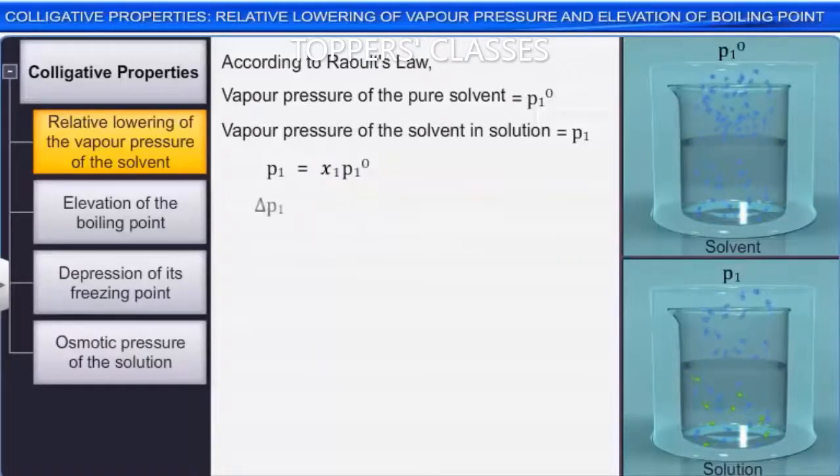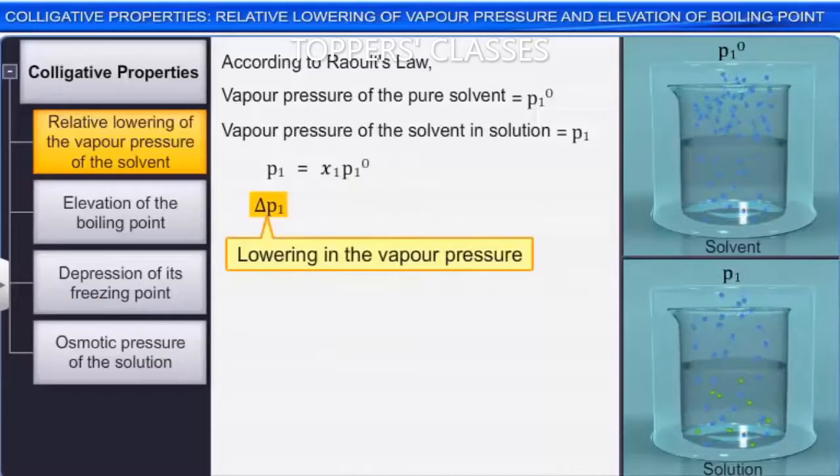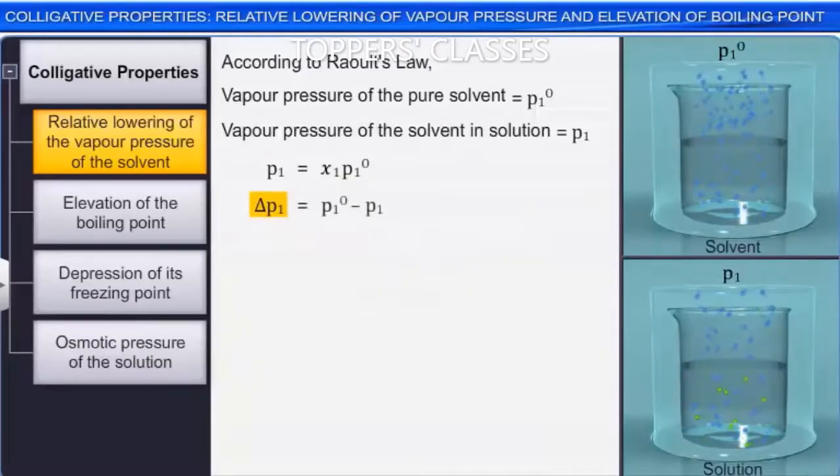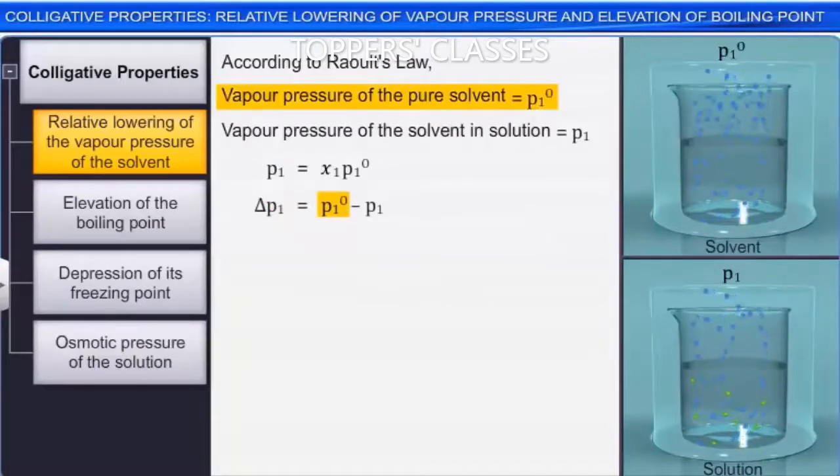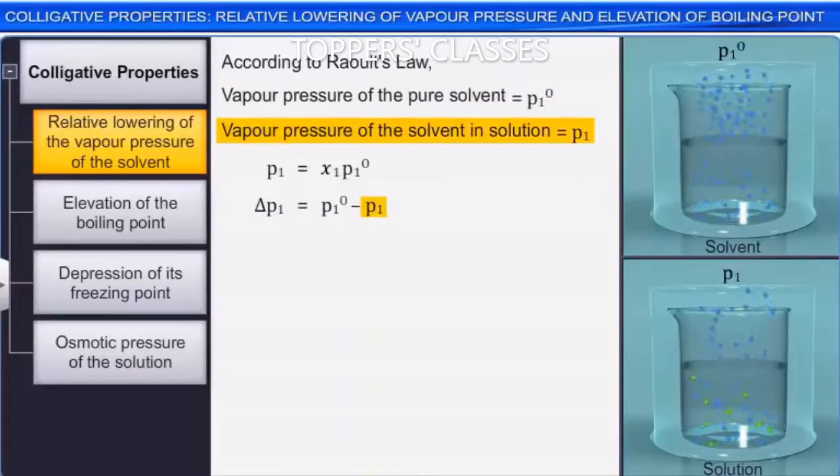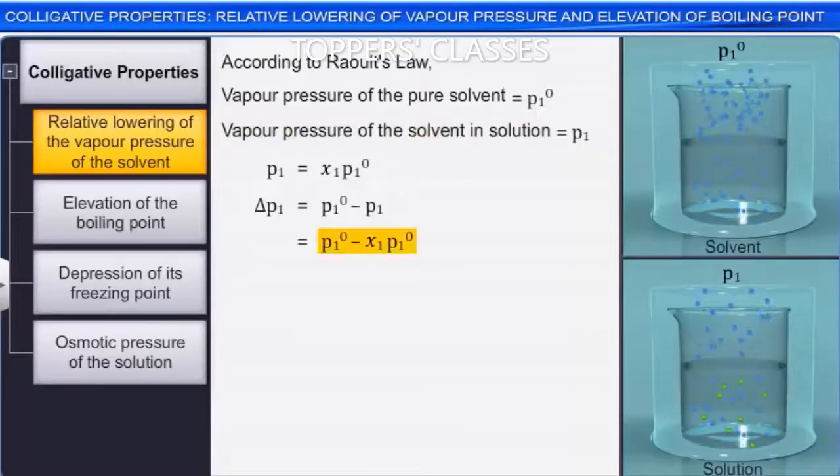The lowering in the vapor pressure of the solvent, delta P1, is equal to the vapor pressure of the pure solvent, P1°, minus the vapor pressure of the solution, P1, or P1° − X1 × P1°.